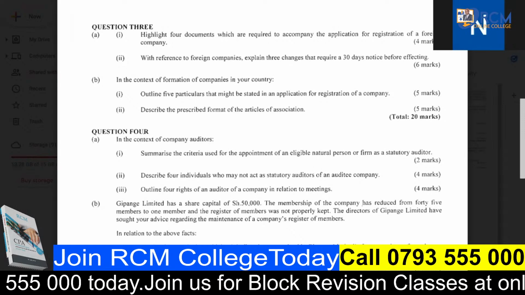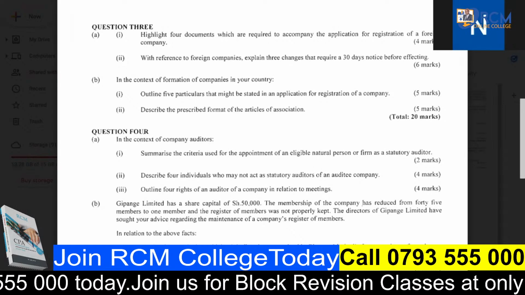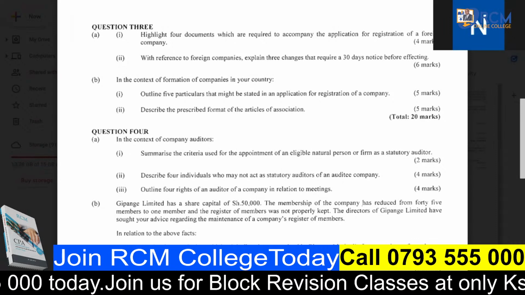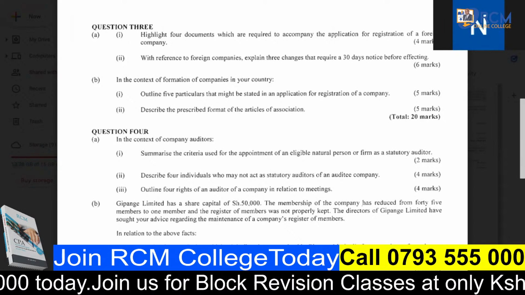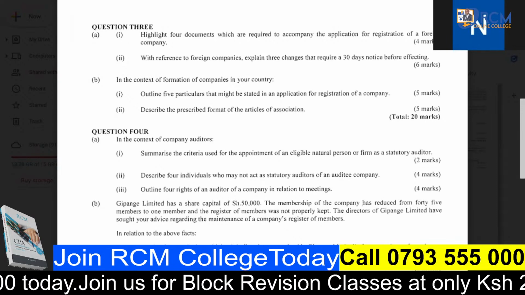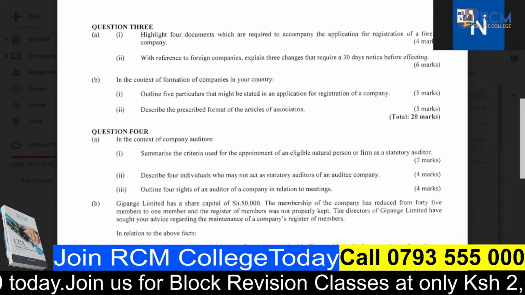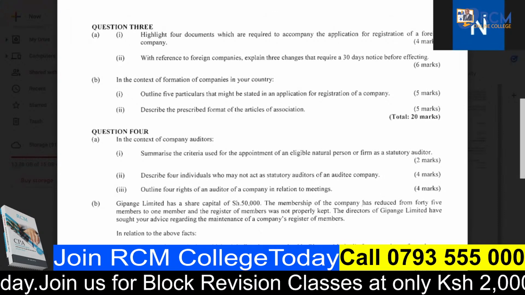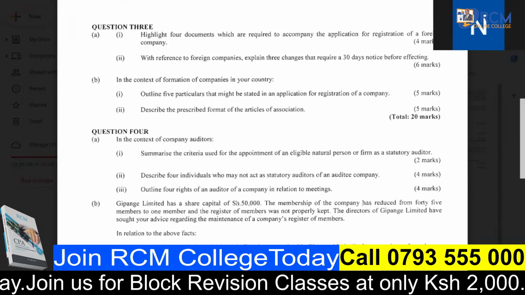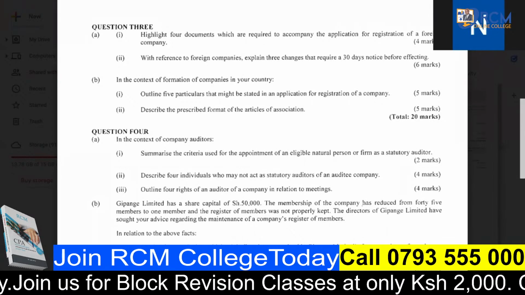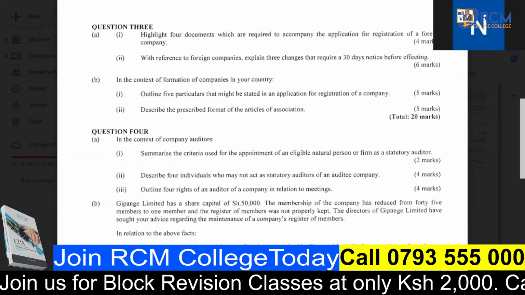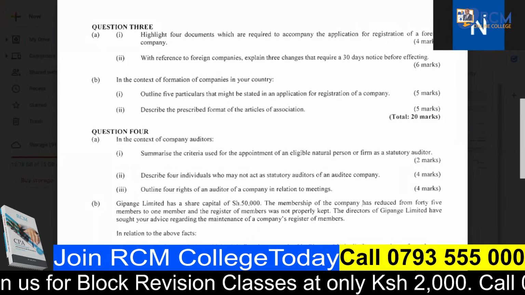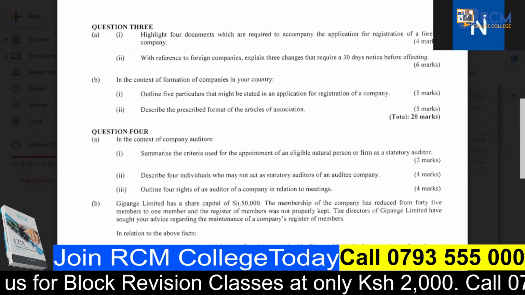Someone who has read formation of companies will come across this format. The first one is that the article should be in the English language.